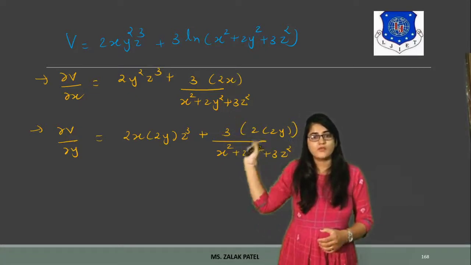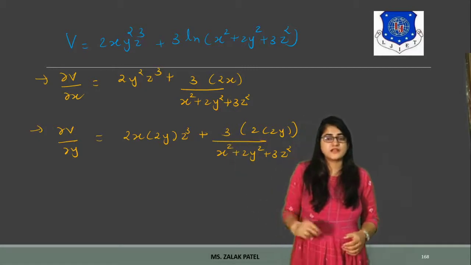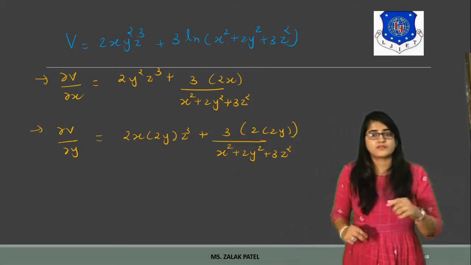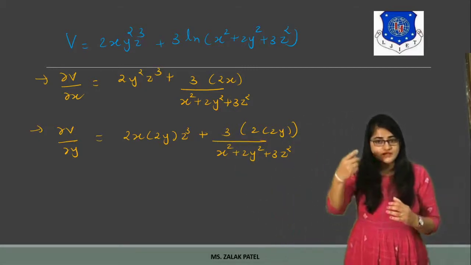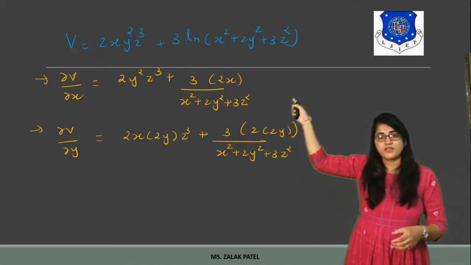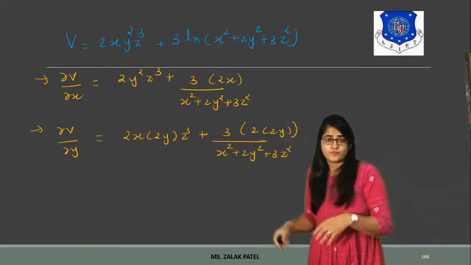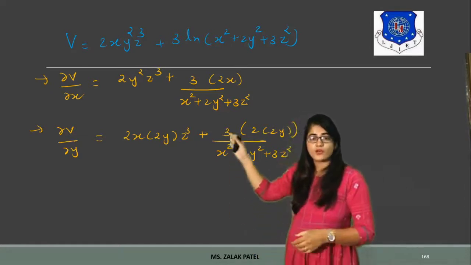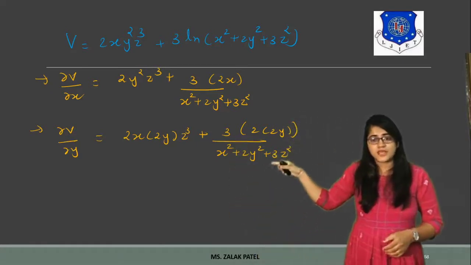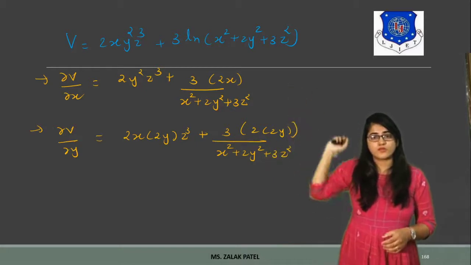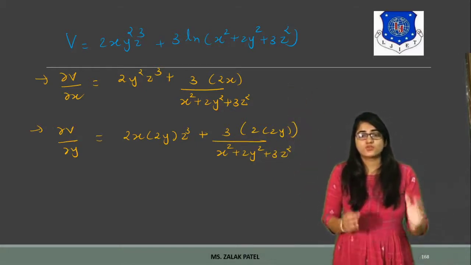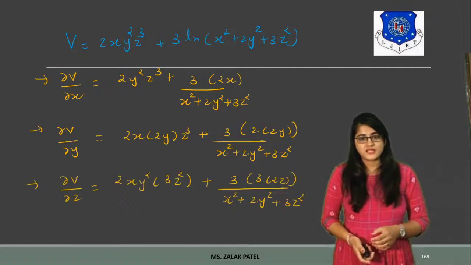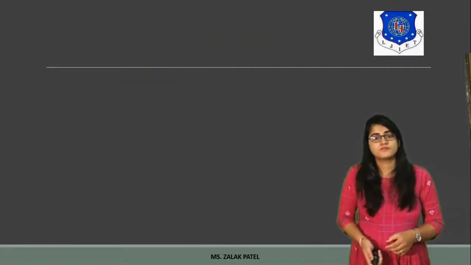So 1 upon x square plus 2y square plus 3z square, but it is with respect to x, so we have to do the differentiation of x square also, that is 2x. So it goes into the numerator. Then for the second one, same thing, 1 upon that function, but in this case you have to take the differentiation with respect to y, that is 2y square, so 2 into 2y. Same way for z, you can do like this.